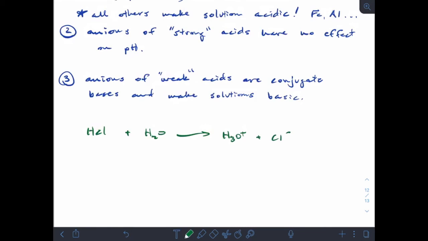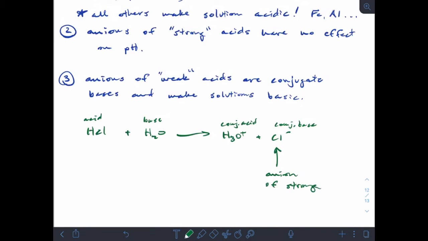We have our acid, our base, our conjugate acid, and our conjugate base. This chlorine is our anion of a strong acid, or the conjugate of a strong acid.